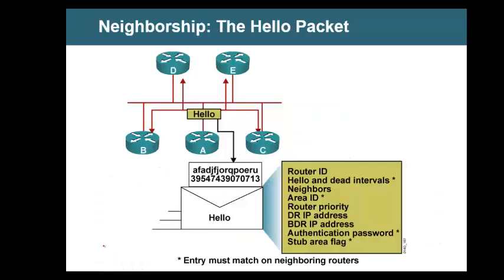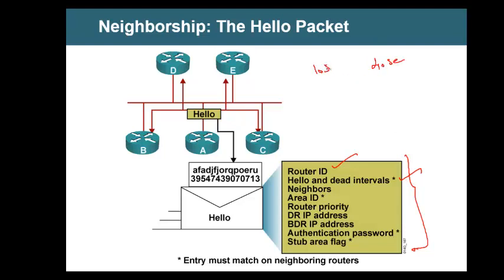the hello packets have got these things inside the packet. Hello packets will have a router ID. Hello and dead interval means the timing. We learned that the dead interval is 40 seconds. The hello interval is 10 seconds.